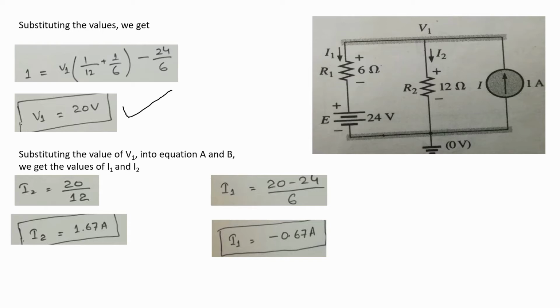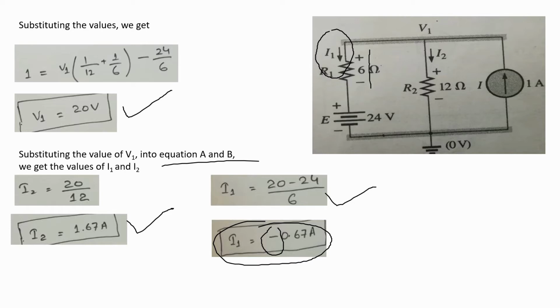Now we have the value of V1. Substitute that value into equations A and B to get the values of I1 and I2. The value of I2 is equal to 1.67 ampere, and the value of I1 is equal to minus 0.67 ampere. The minus sign indicates that the direction we assumed when solving the circuit is actually opposite, so the direction of I1 is upward.